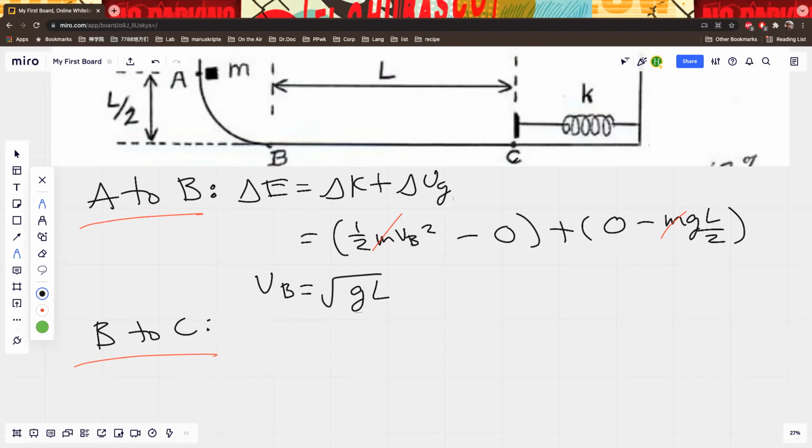We want to know the kinetic energy there. The friction does work, so you can just use the work kinetic energy theorem. Delta K is equal to the work of friction.